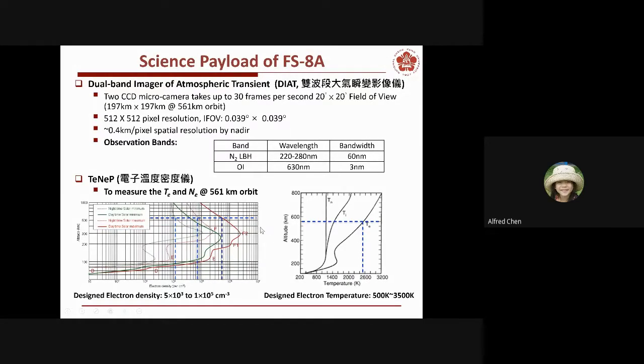According to these figures, we can see that the electron density will vary from about 10³ to 10⁵ per cubic centimeter, and the electron temperature can range from 500 Kelvin to several thousand Kelvin. These are the parameters we use to design the mission and the instruments.